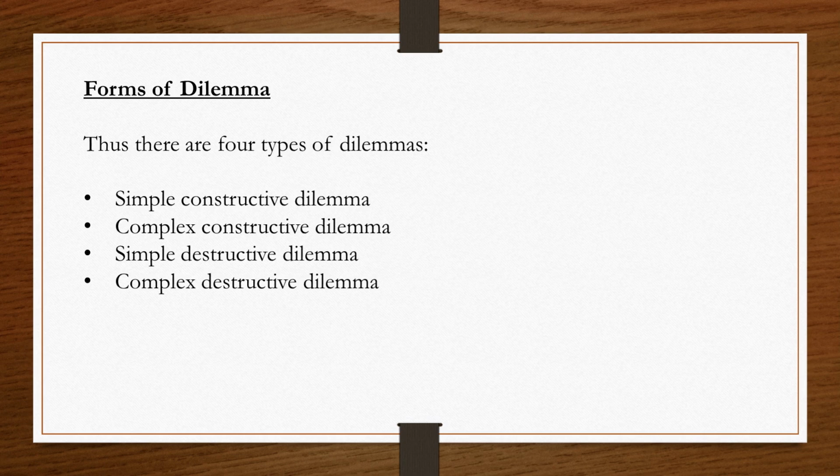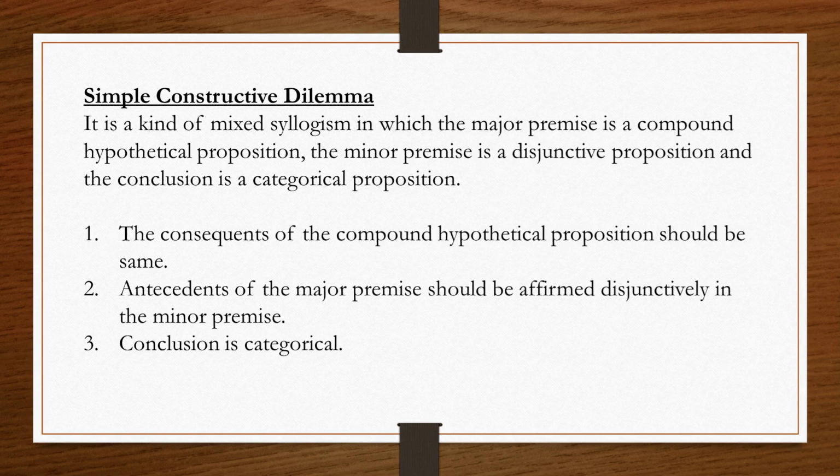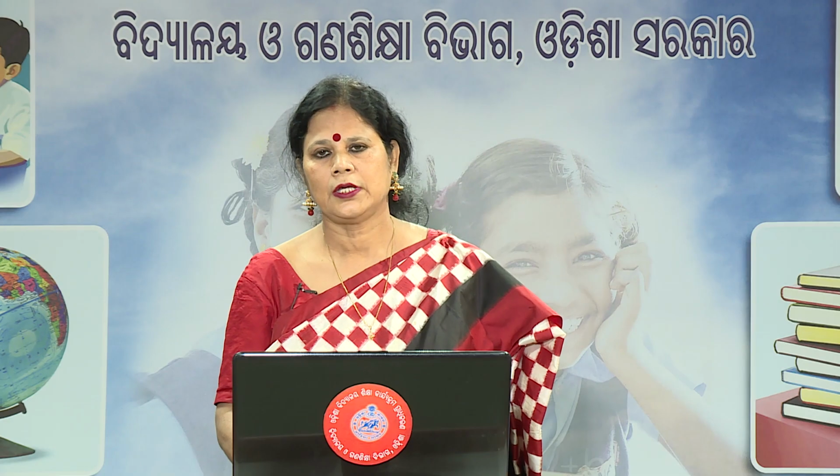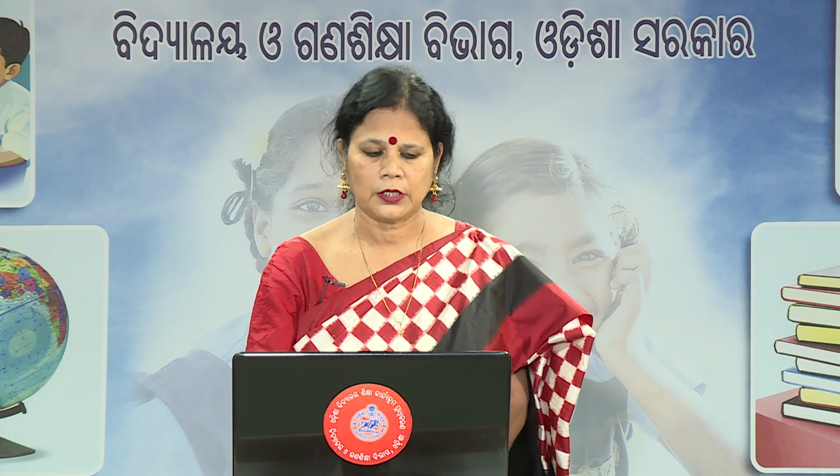So we have four forms of dilemma: simple constructive dilemma, complex constructive dilemma, simple destructive dilemma, and complex destructive dilemma. I have given you all these examples, both symbolic and concrete examples.